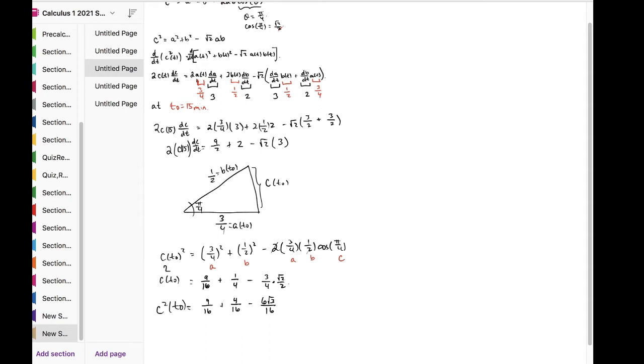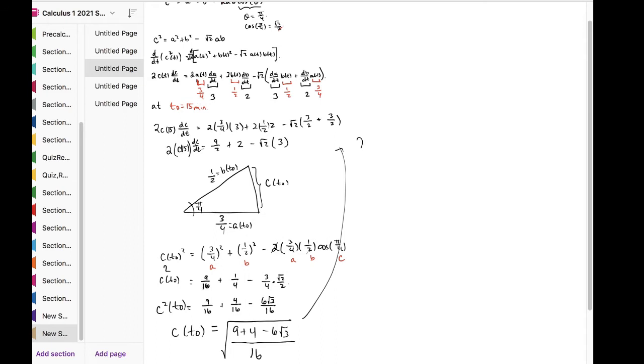So whatever that is, this is calculator time. So c of t naught is all that. I don't know if you have a calculator that can do that. 9 plus 4 minus 6 radical 2 over 16. This whole thing is radical. Anyway, I'll just leave the rest to you, but we got the main idea.